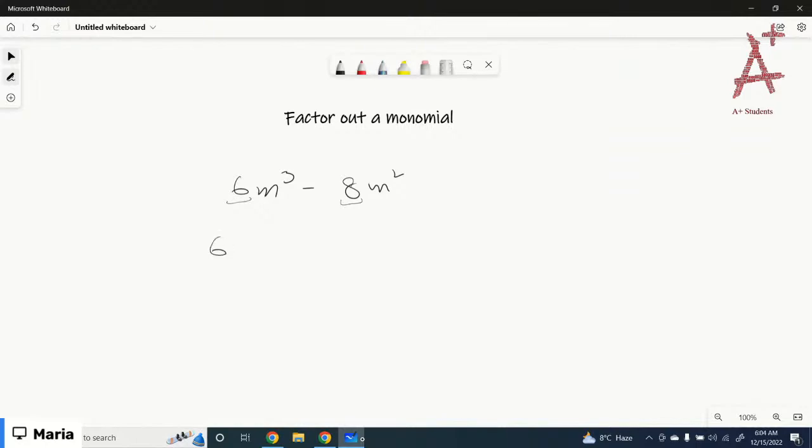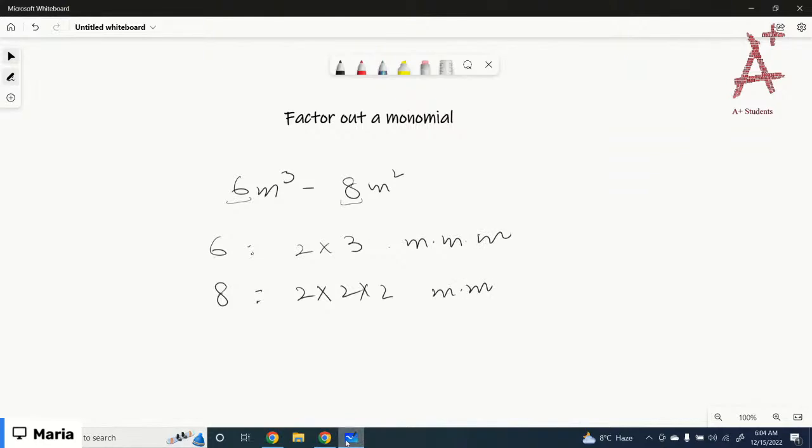So the factors of 6 are 2 times 3. Then you have to write the factors of 8. So it would be 2 times 2 times 2. Here you have m cube, m, m, m, and here you have m square, that would be m times m.